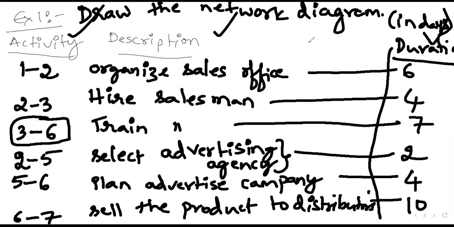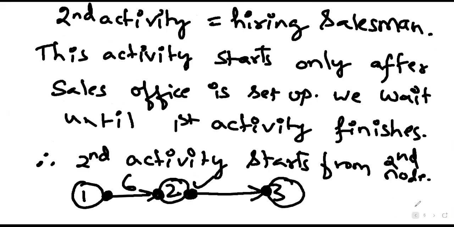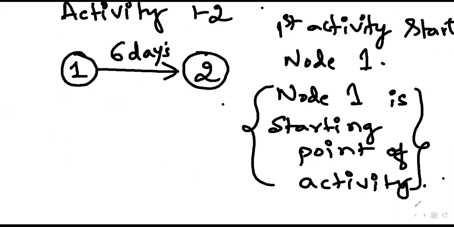If the question is to draw the network diagram, you have to directly complete this particular network. That's it. If you have mentioned all these activities in a diagram, that is sufficient. These two steps are not necessary. They are just for your understanding.